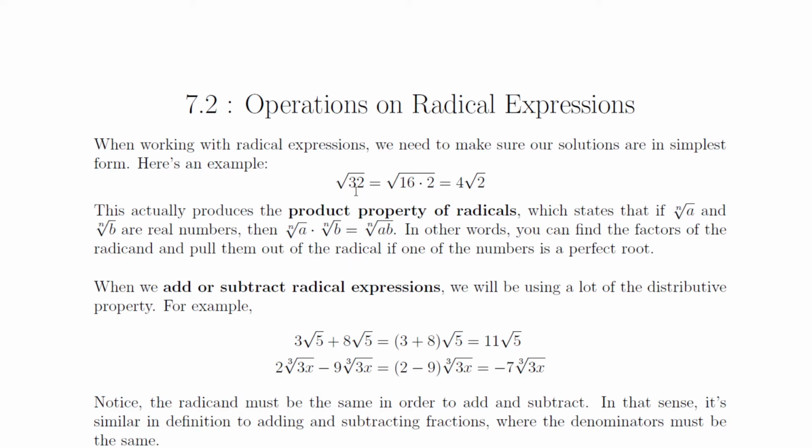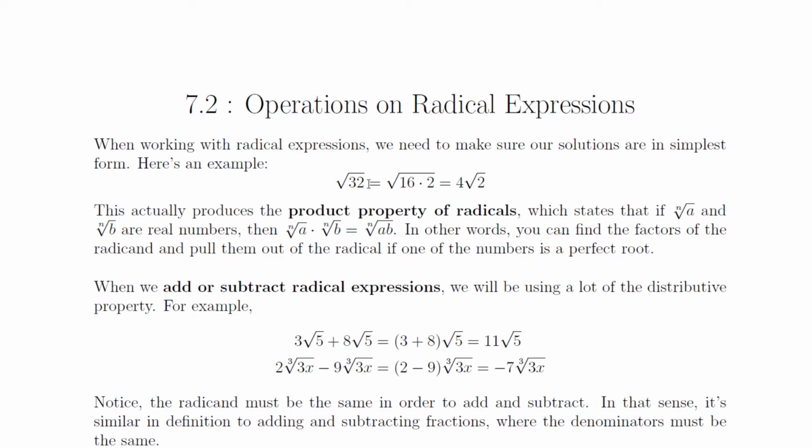So one of the things that we need to do when we work with radical expressions is to make sure that they are in simplest form. So here's just a really simple example. I've got the square root of 32. The trick with these numbers, anytime you see something like this, is that you want to break whatever your radicand is, or whatever is inside of that radical, into what ideally would be perfect square roots, or perfect roots.